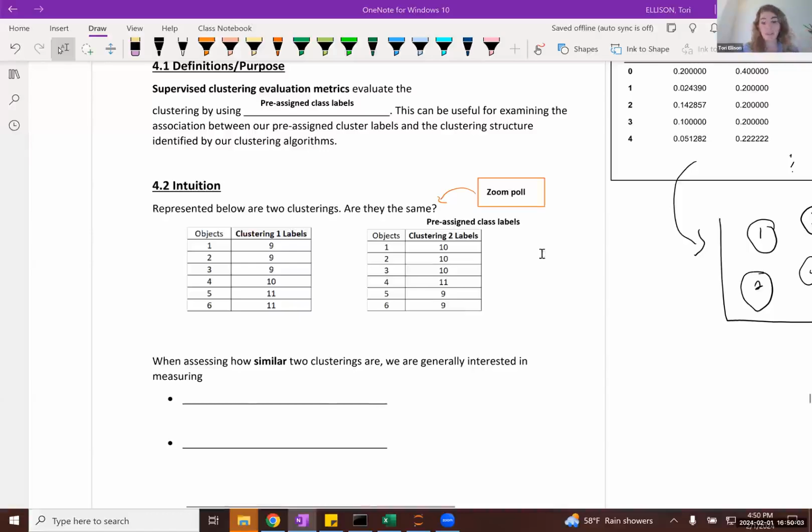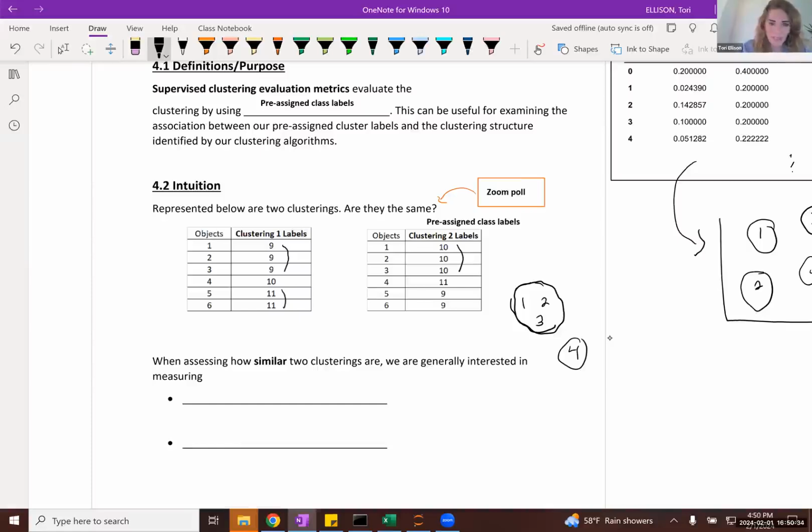Okay, so we do see that the majority of folks say that this is in fact the same clustering of the same data set. And that is correct. Because objects 1, 2, and 3 all have the same cluster label, that means 1, 2, and 3 all belong together. 4, because it has a distinct cluster label from any other point in the data set, is by itself.